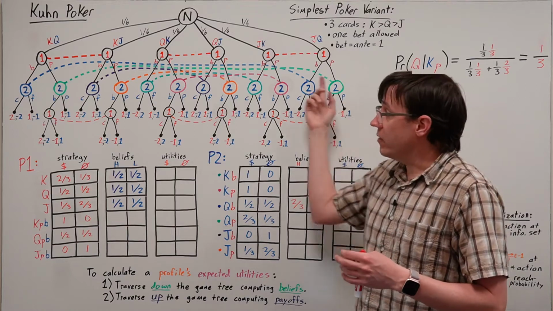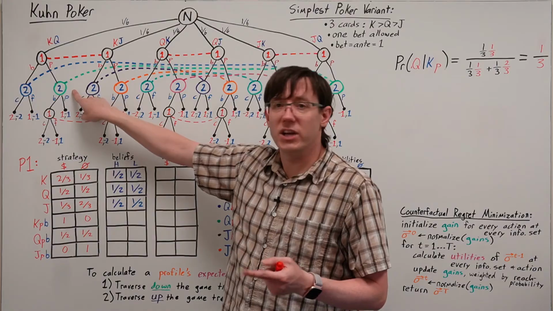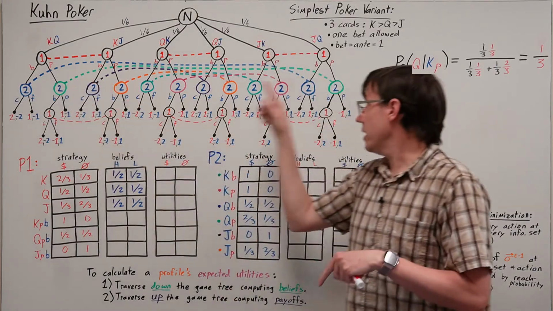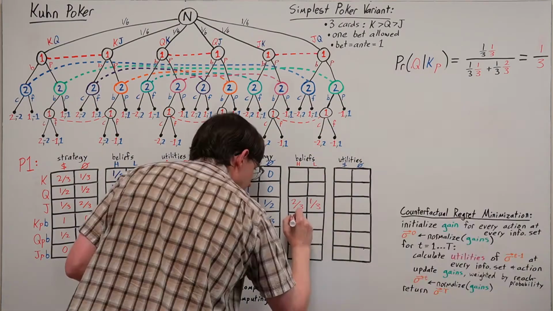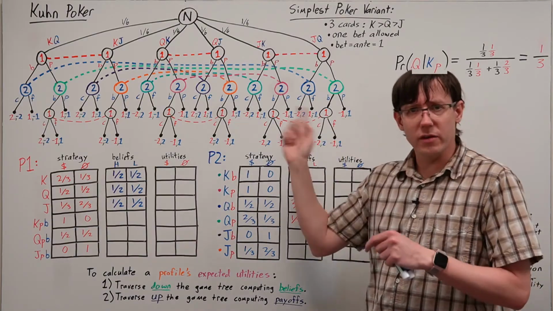And so upon arriving at the green information set, player 2 thinks there is a 1/3 chance that player 1 has a king, and a 2/3 chance they have a jack. But I really ought to be color coordinating these beliefs with the information sets.